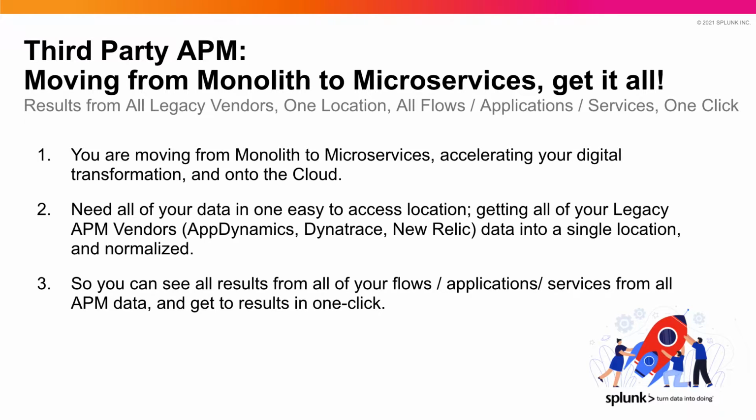Number three, so you can see all results from all of your flows, all of your applications, all of your services from all of your APM data and get to results in one click. So, again, a huge challenge that's being undertaken moving from monolith to microservices, accelerating digital transformation and movement to the cloud, and the need to be able to deliver with speed at scale and quality services to your customer.